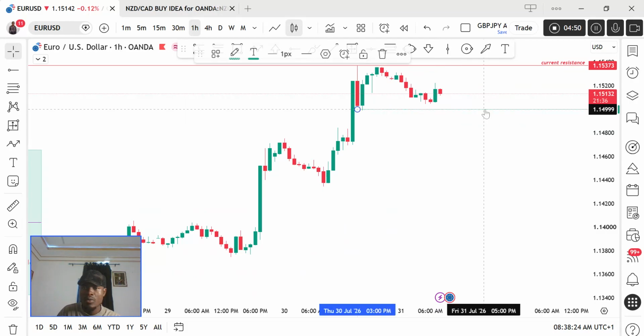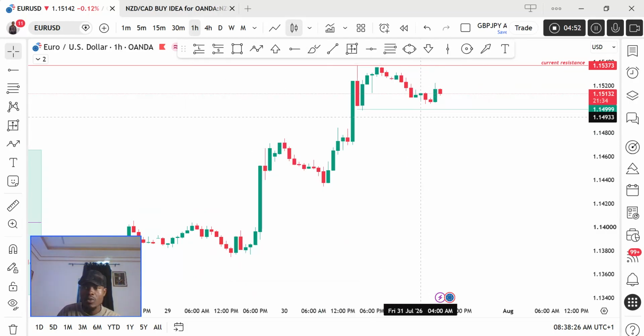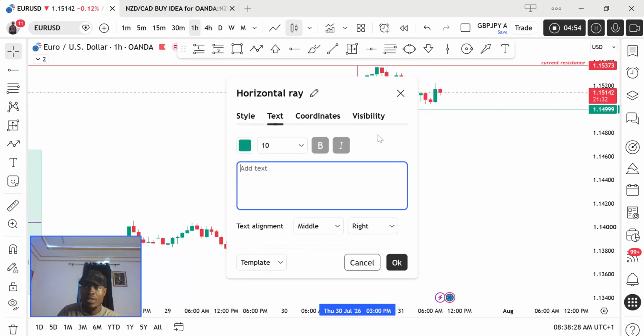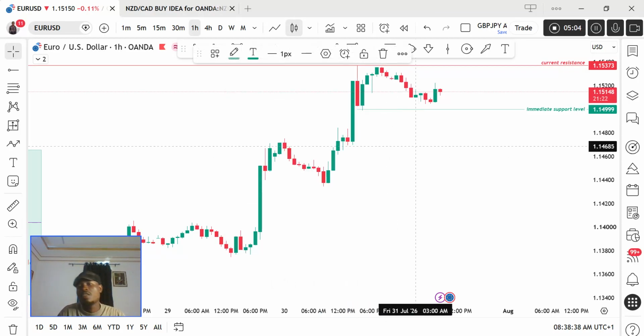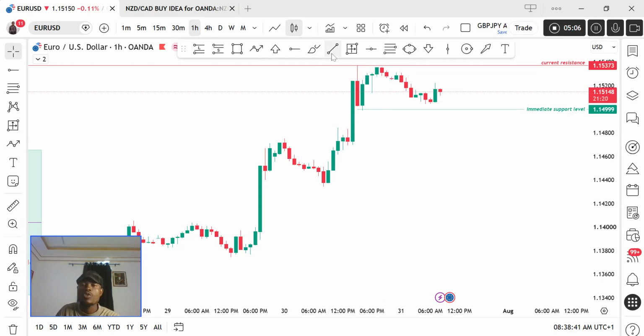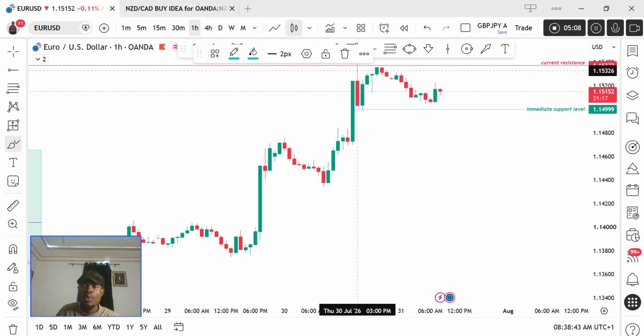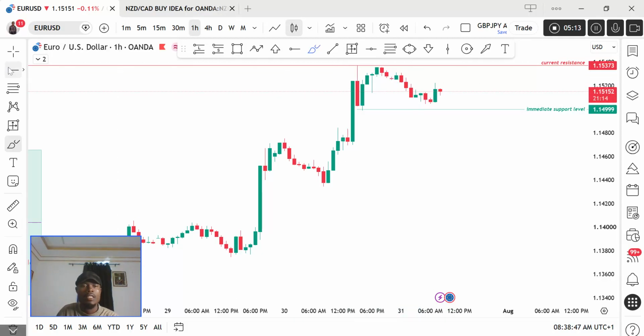We have a little kind of support here. So we have this immediate support level, which I will be monitoring to see if it's going to break. Inside of this consolidation here is where we'll be looking to see how the market is going to react.